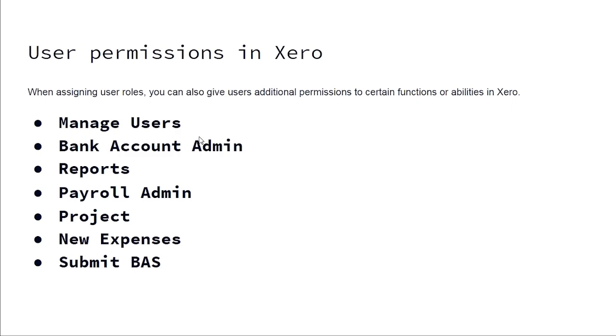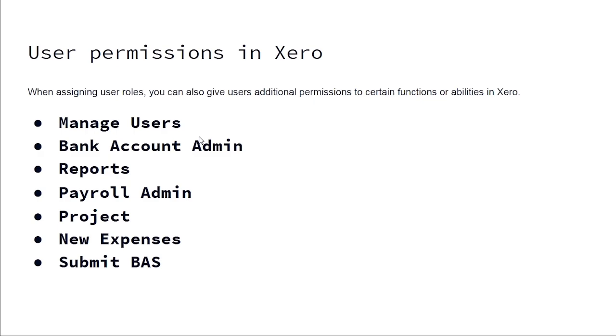Just to discuss. With manage users, an advisor user can invite new users, edit an existing user's role, or delete a user. This user won't have this permission by default. Okay, it's an additional permission for an advisor user. So it's like a special permission. It's not something that's already there when you have the advisor role.